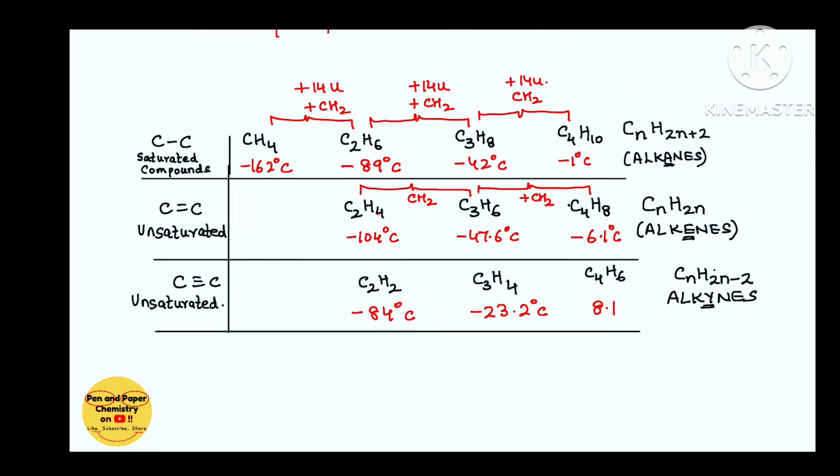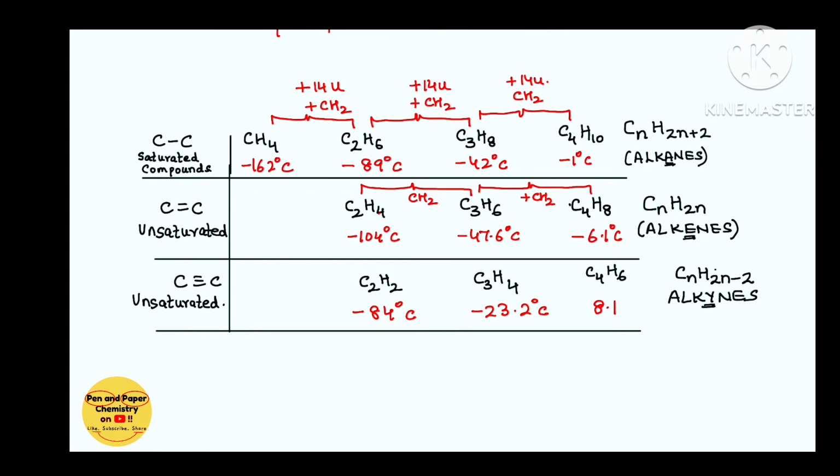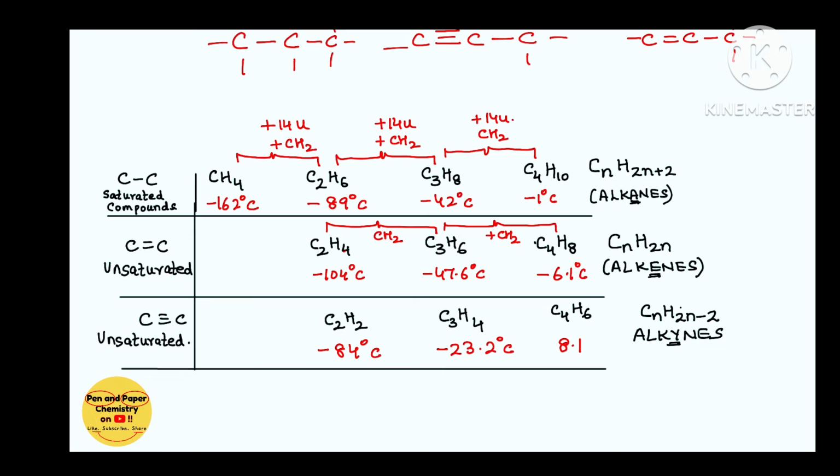The same thing is observed in the case of their state. For example, methane is a gas, ethane is a gas, propane is a gas, butane is a gas. Oh, I haven't introduced those words to you. Let me go back. CH4, C2H6, C3H8, C4H10, they are all gases. But the next member, C5H12, is a liquid.